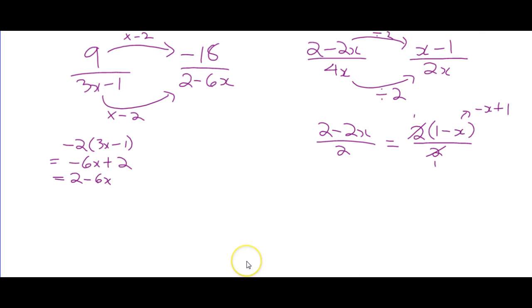Okay, let's go here and see what we can do. Let's just do a couple more. So (3 - 5x)/(4 + x). What's the restriction here? x cannot equal -4.